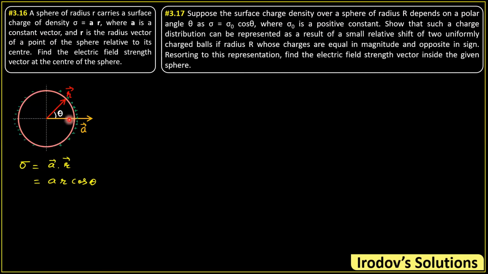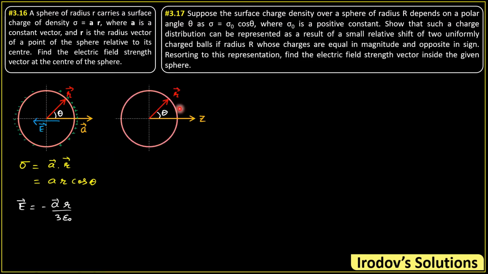And its electric field will be opposite to vector a, and we have already solved that the electric field is equal to minus a vector r by 3 epsilon naught. In terms of magnitude, I can simply say that this magnitude is a r by 3 epsilon naught and opposite to a vector. Now looking at the charge distribution given in question number 3.17, the same sphere, and let me assume that in the direction of the a vector there is the z axis, and with respect to the z axis at angular position theta there is a position vector r.